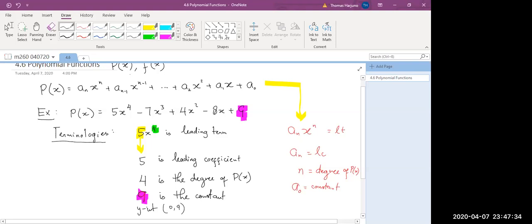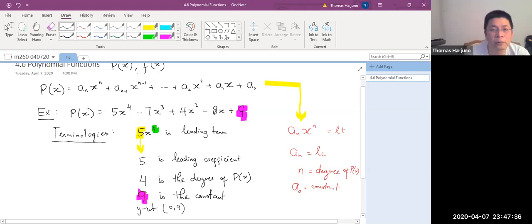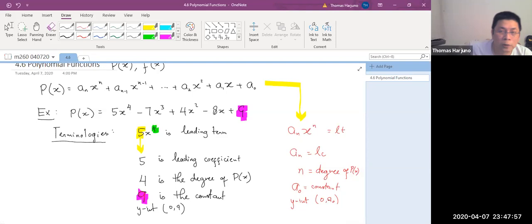Just imagine if you plug in x equals 0, then there will be just the constant part. So the y-intercept is (0, a sub 0), again, if they are in that general form, in descending order.